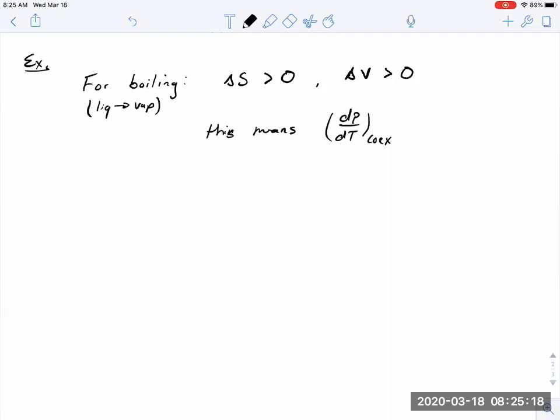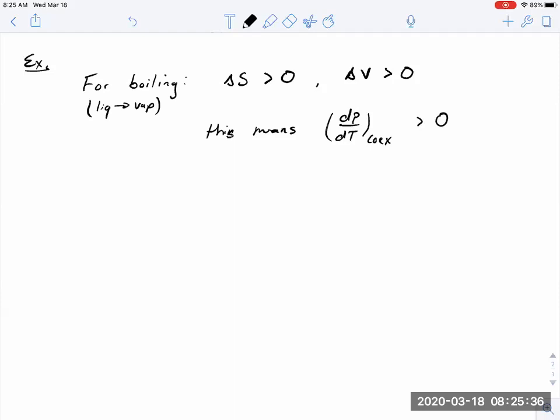They're both positive. So it means that dP/dT must be positive. So that must have a positive slope in the pressure and temperature plane.